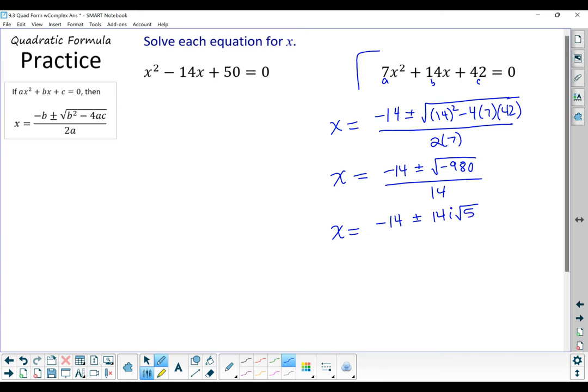So we have 14i root 5, and this is all over 14. And look at all those 14s. They definitely can reduce. So negative 14 divided by 14 is negative 1. And then 14i root 5 over 14 is i root 5. So here's our two solutions to that equation.